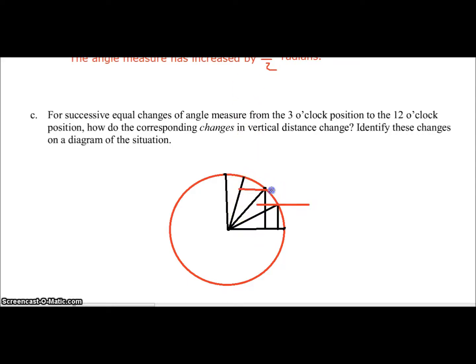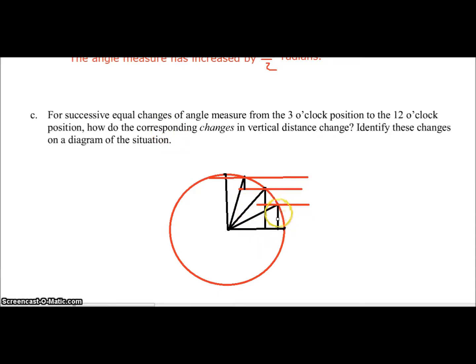And we can look at another change starting from this initial height, and if we go from that initial height up here, and then starting from this point as our initial height, we just go up a little bit more to get to the top.